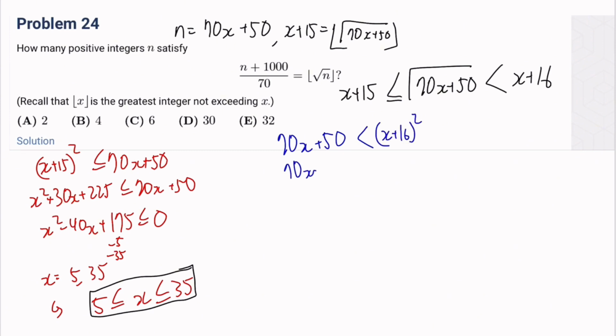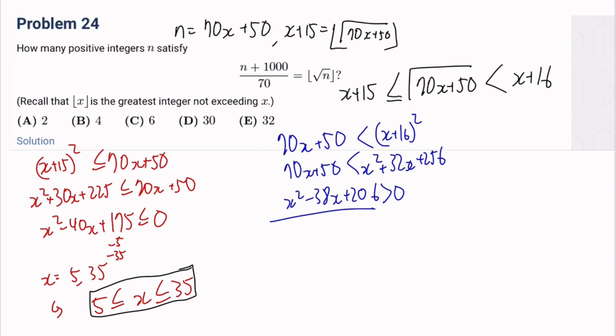So 70x plus 50 is less than x squared plus 32x plus 256. So if this goes over there, then we will get x squared minus 38x plus 206 is greater than 0. And so factoring this, no, that can't be factored.